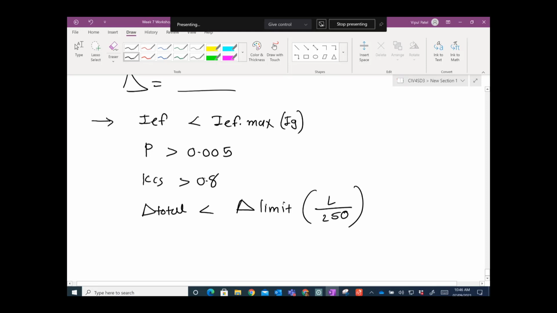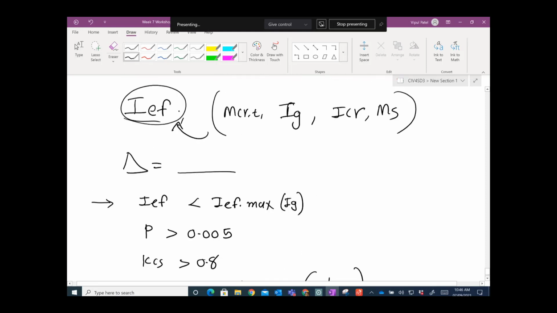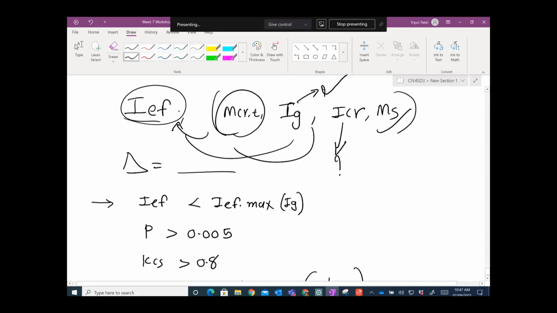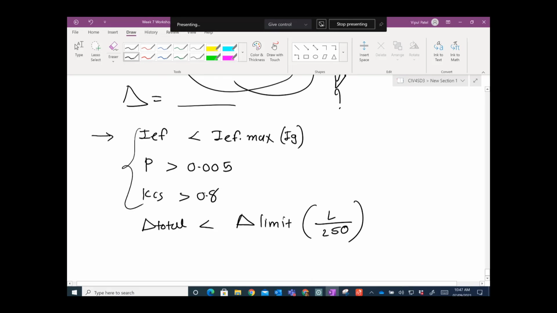So these are 4 checks, and generally I effective is the challenging one. Sometimes in the exams some of these values might be given to you and you might need to calculate the others. You might need to use 1 or 2 to calculate this I effective, and then of course these checks need to be performed for your calculations.